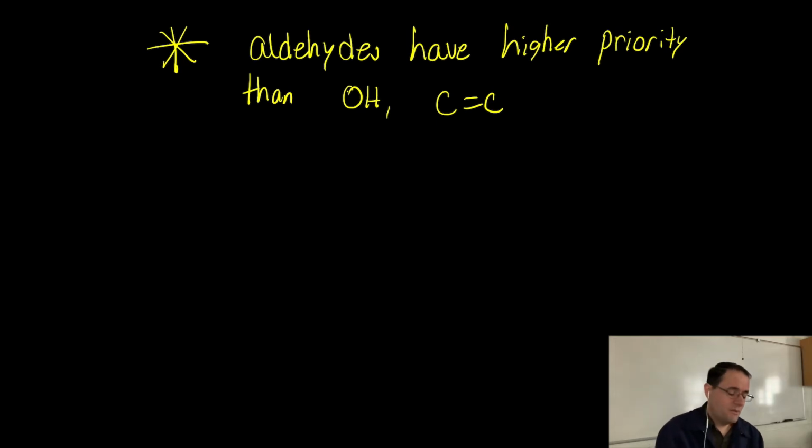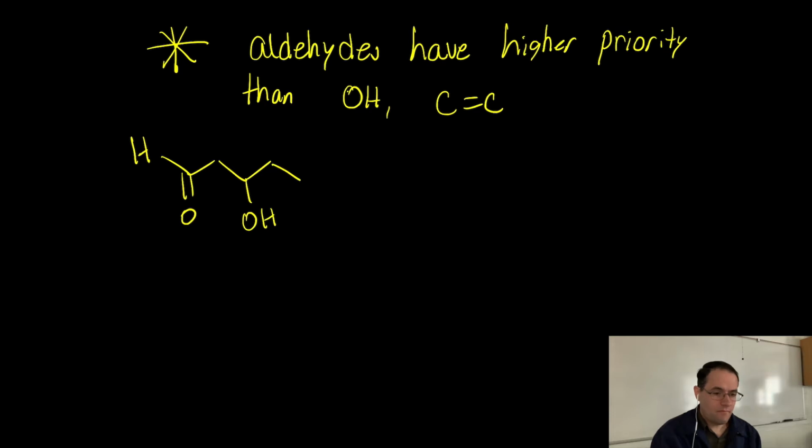So if we have a molecule that looks like this, I don't know, I'm just making up something here. You might start numbering like this to place the alkene at carbon 1, the hydroxyl group at carbon 3.